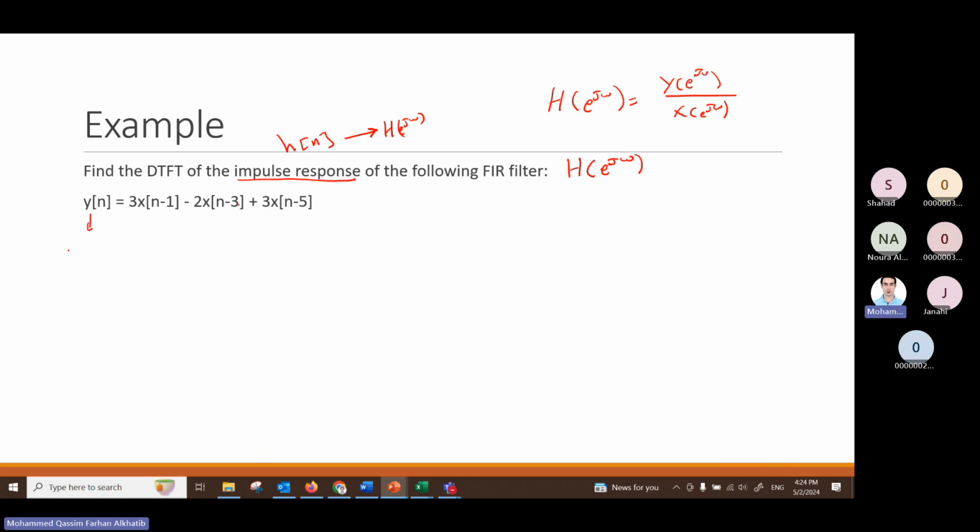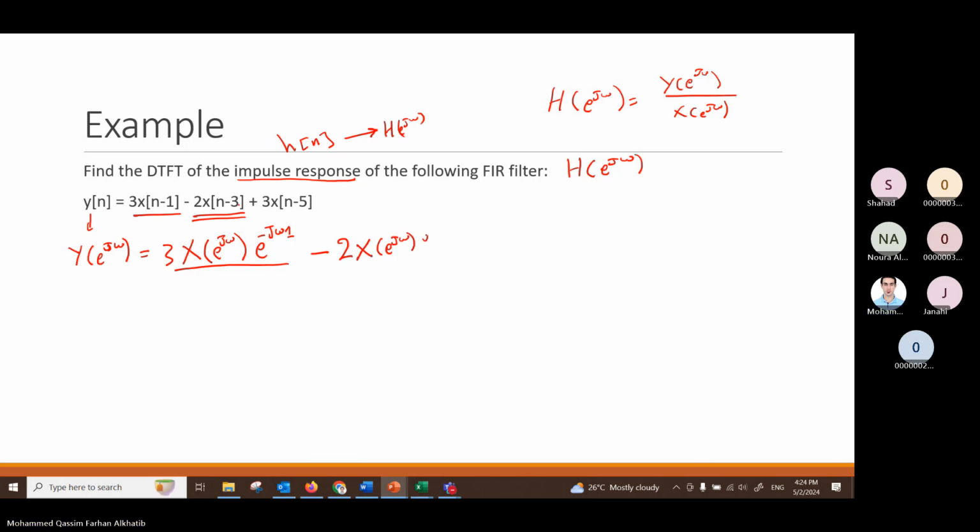So y of n will become Y of e j omega equal to 3 X of e j omega. Now I'm having a shift by 1, so e to the power minus j omega 1. That's the answer for this one. Now this one, the second line: I have 2 X of e j omega, then multiply by e to the power minus j omega and negative 3.